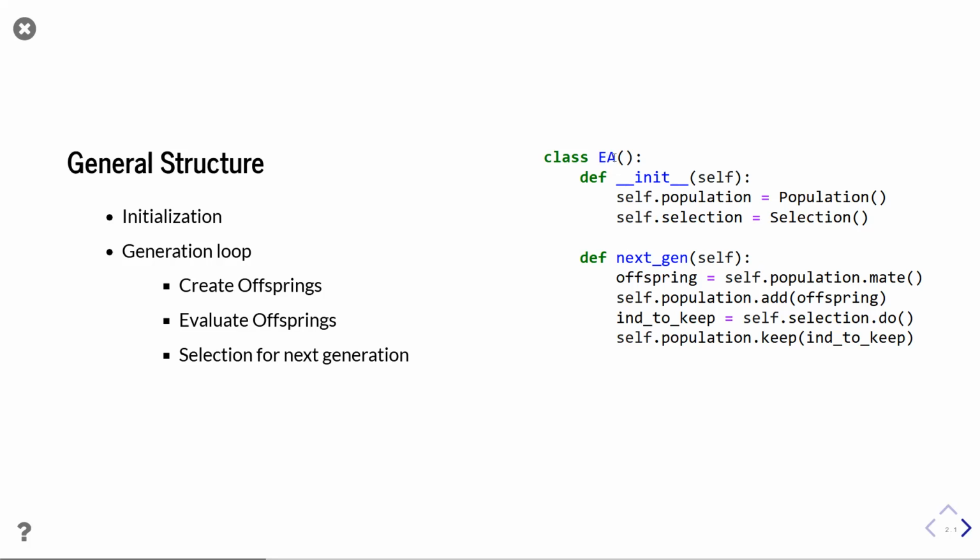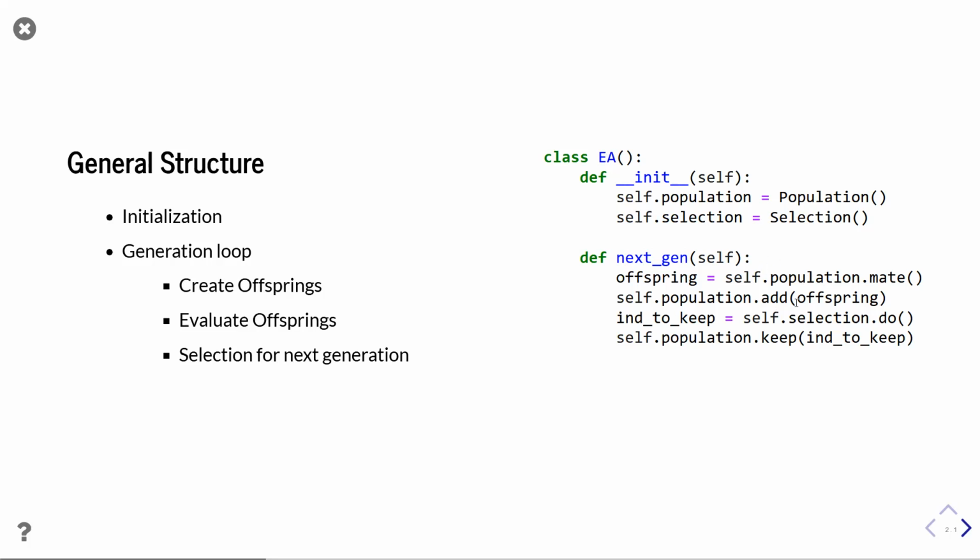In all of these classes, we also have this next gen function, which basically implements one generation of the evolutionary algorithms. And as you see, the first step in any generation here is the creation of new offsprings, which we can do using this population class. We have this mate method in the population class, which can be used to create new offsprings by combining the previous individuals.